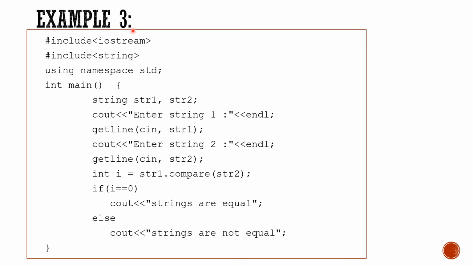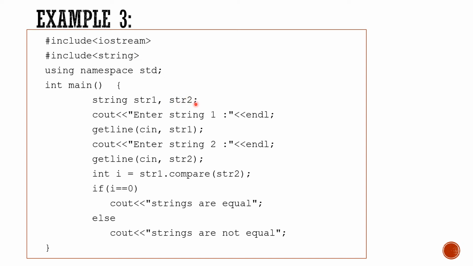Example 3 is where we will write a program to accept a string. In this case, we will accept two strings because we want to check whether the strings are equal or not. We are using getline(cin), so we need to include string. We declare two strings, str1 and str2.